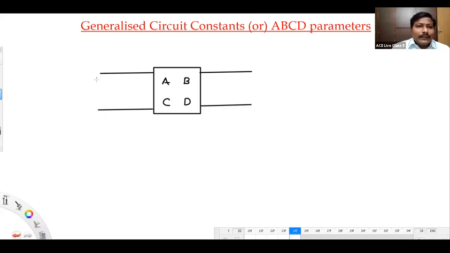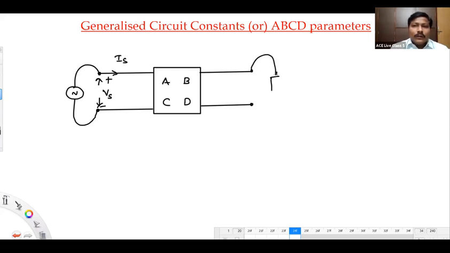See, on this side you might have a source, and you can call the voltage and current here VS, IS. Here I will keep the load, and the voltage and current at this point are VR, IR.